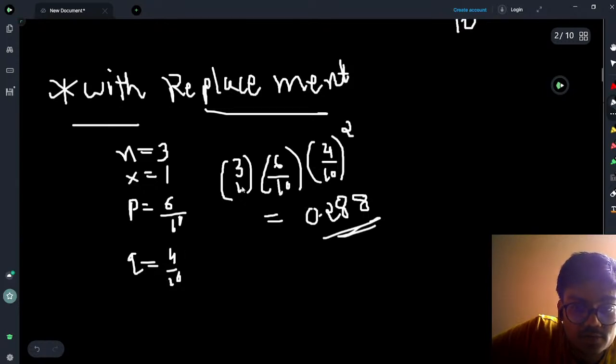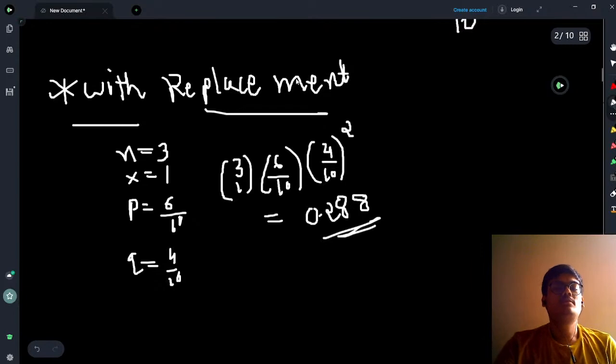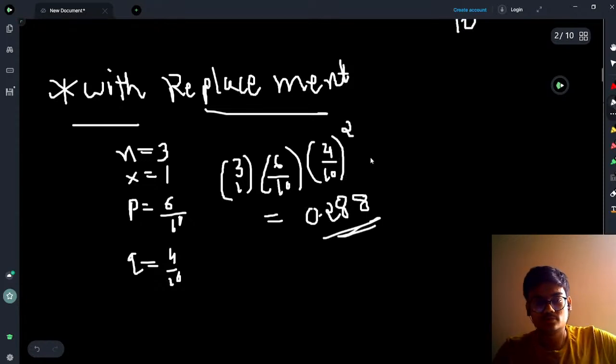Here you will get 3c2 into (4/10) raised to 2 and (6/10) raised to 1. We will get the same answer.